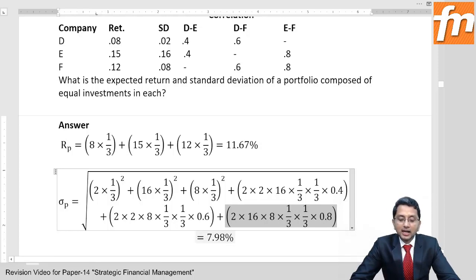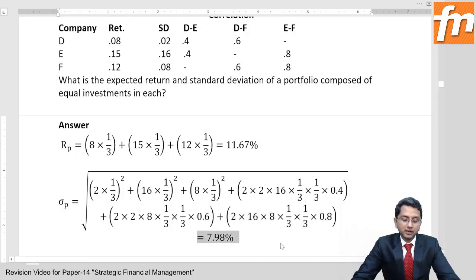And then I make a calculation for this. When I solve it, I'll get 7.98%.